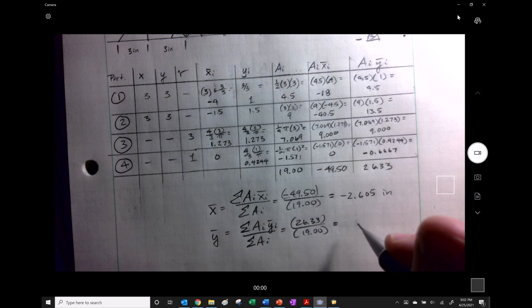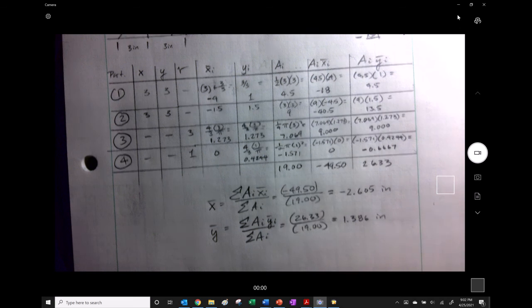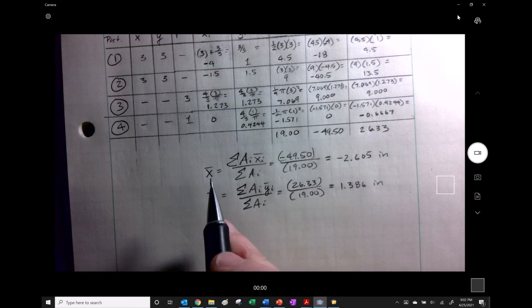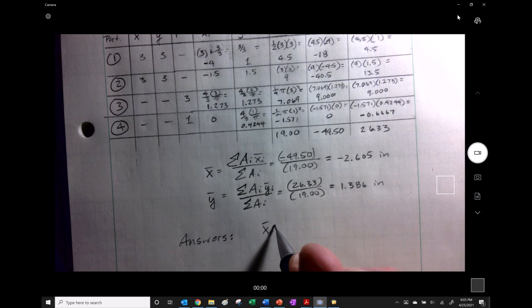And I get 1.386 inches. Okay. And so let's see our answers. X bar, negative 2.61. Y bar, 1.39.